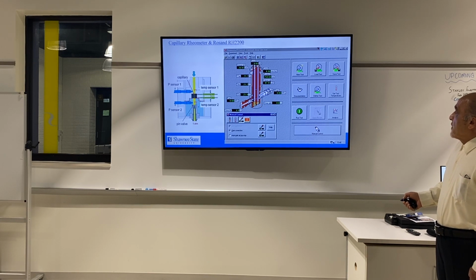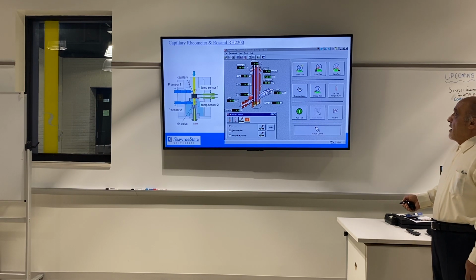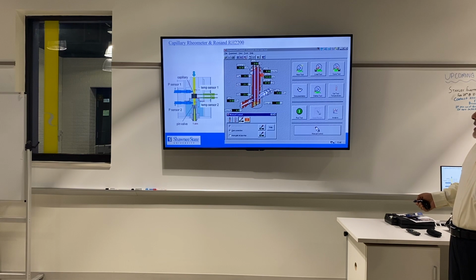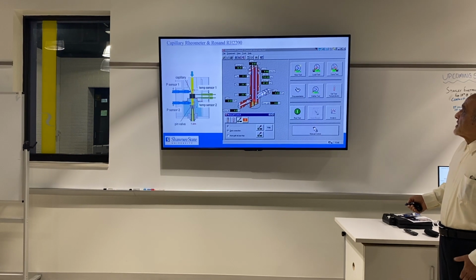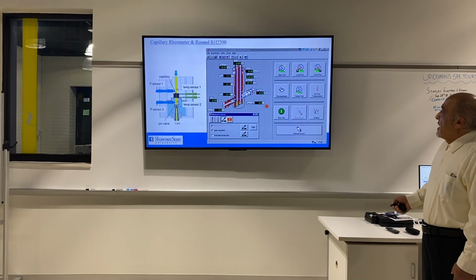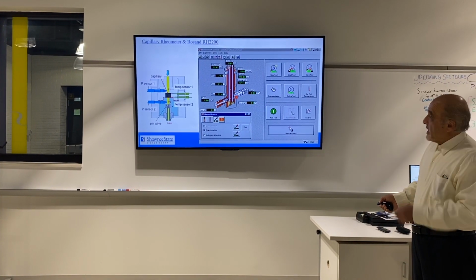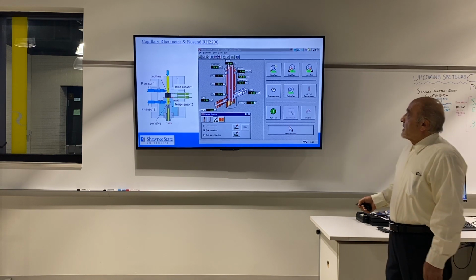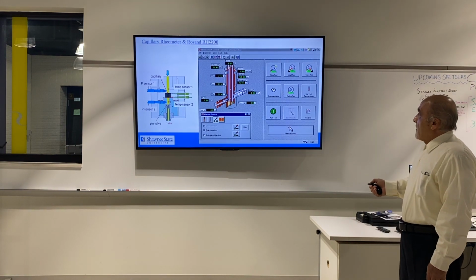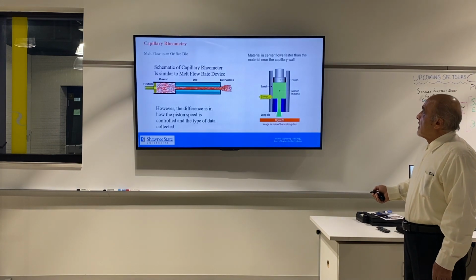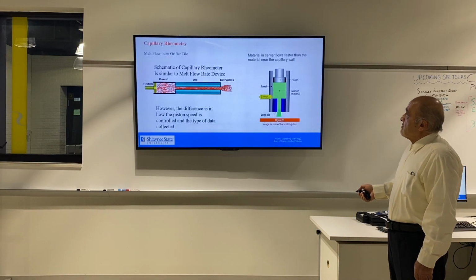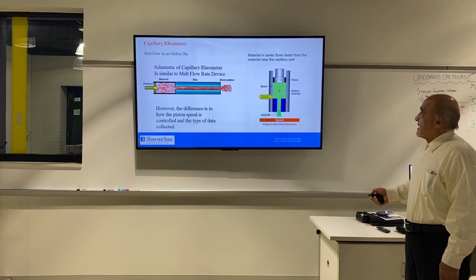When we run the test, we collect the data from the barrel. What the machine is doing, actually, by sensor, is tracking the data, like 10 or 20 points each second, and putting it in a file, and then it will give you a graph based on the data that you have, and then you can have shear rate versus shear stress or shear rate versus viscosity.